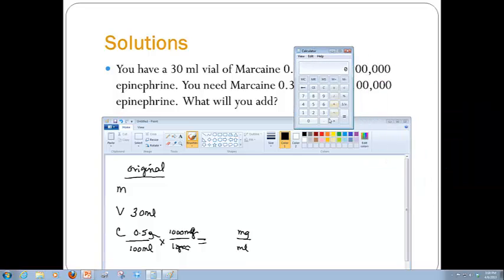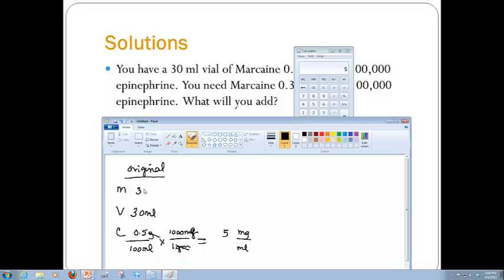Bringing in the calculator, 0.5 times 1,000 divided by 100 tells me that there are 5 milligrams per milliliter. The concentration is 5 milligrams per milliliter in the original vial, and we're just talking about the Marcaine here. Whenever you know 2 of these factors, mass, volume, and concentration, you can calculate the third.